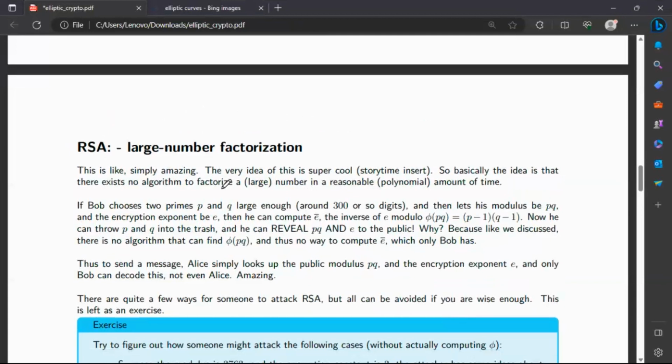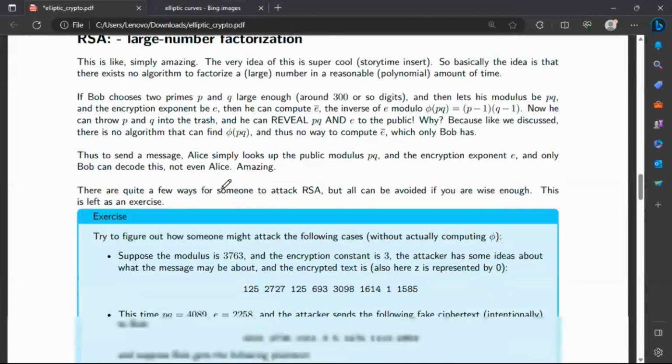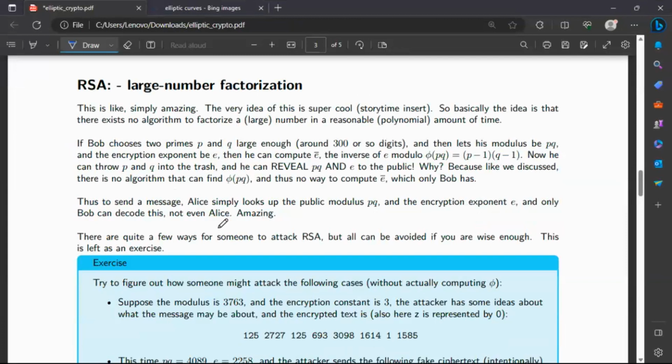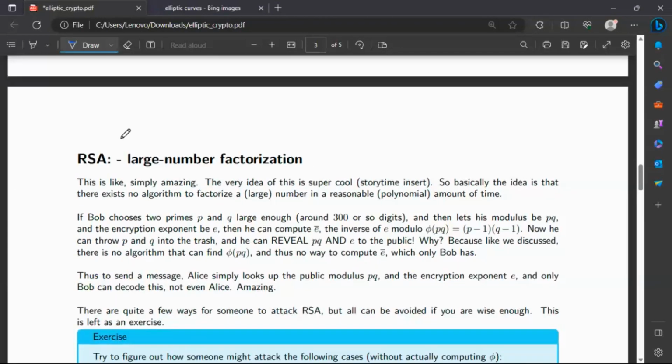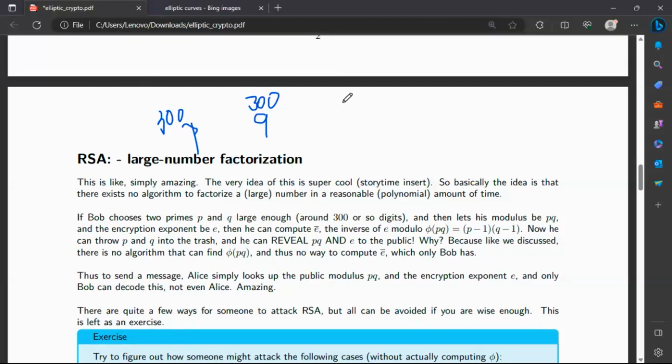What Bob does, or Alice, the name doesn't matter, but Bob, because Bob is the receiver here. Bob will choose two primes, P and Q, which are very large, like 300 digits long. We know quite a few primes that are 300 or so digits long. Even more, we know very, very long primes.